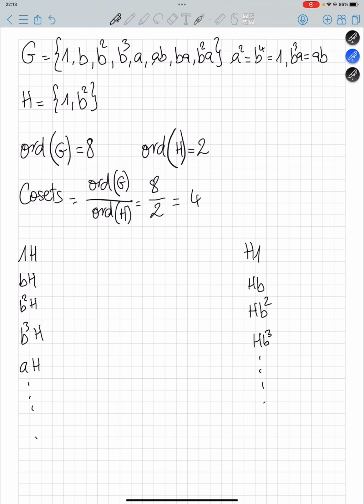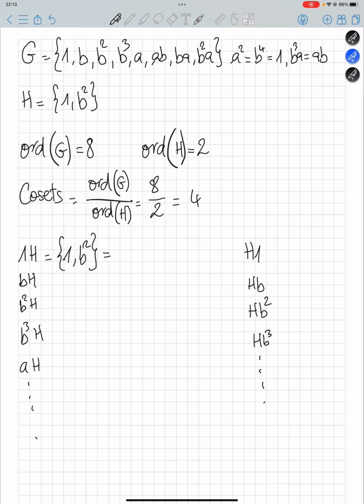So let's start with the left coset. For the left coset, H identity is the set where you compose identity with every element of H, right? So identity composed with identity is identity. Then you have identity composed with B square, which is B square.